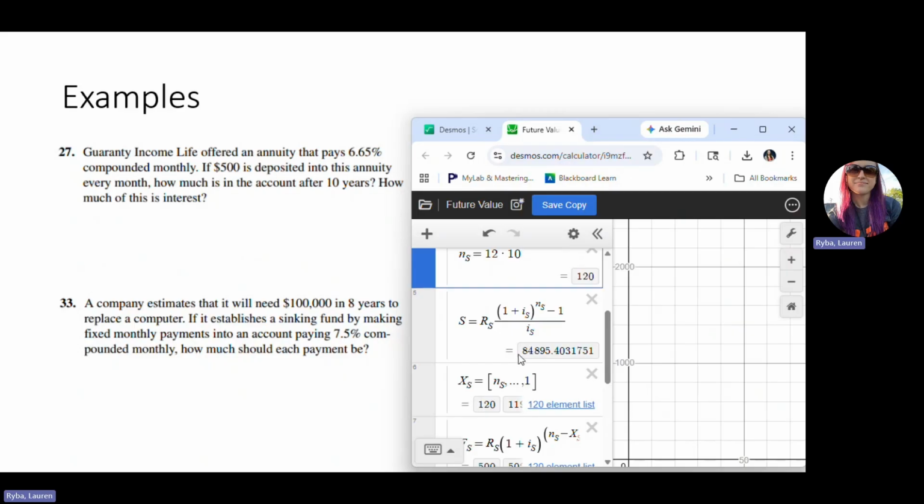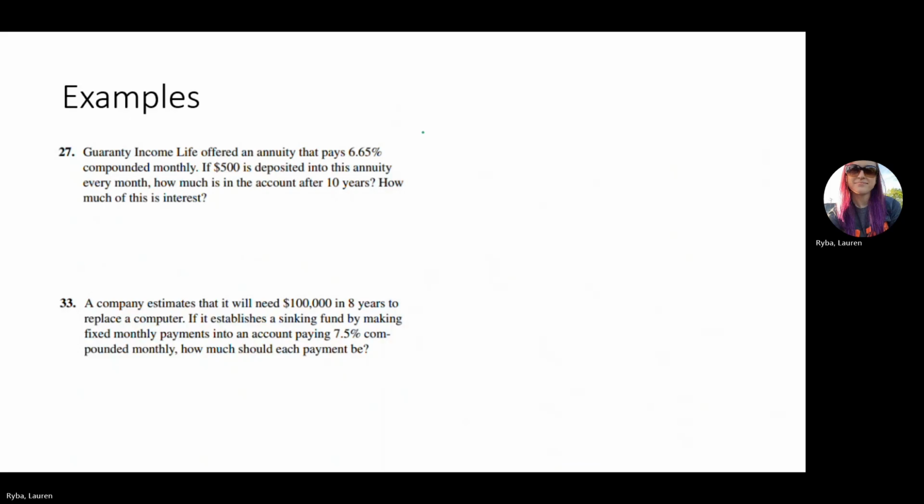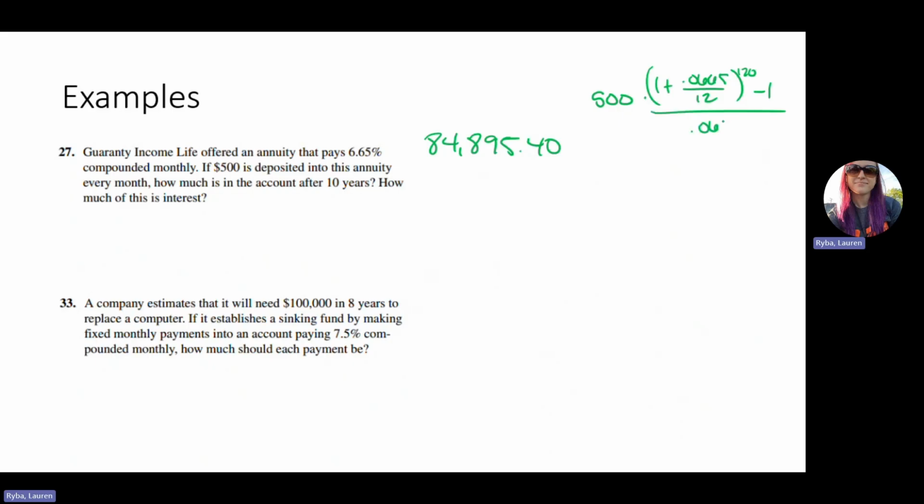And it will give us our answer right here, $84,895.40. And that was 500 times 1 plus 0.0665 over 12 to the 120 minus 1 over 0.0665 over 12.